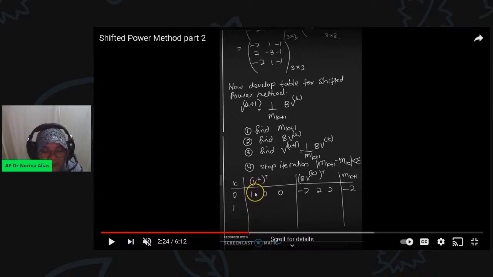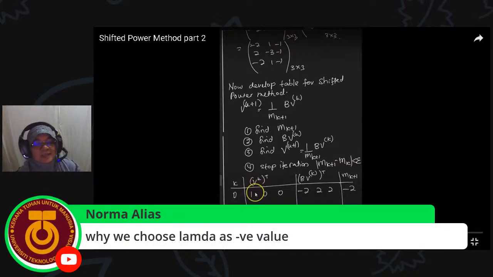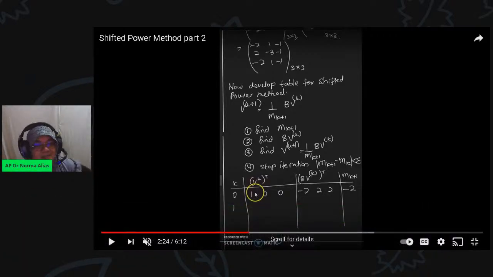Actually you can use positive, but I'm using negative. My question: why do we choose lambda as negative 2, not positive 2? I hope you can answer my question.